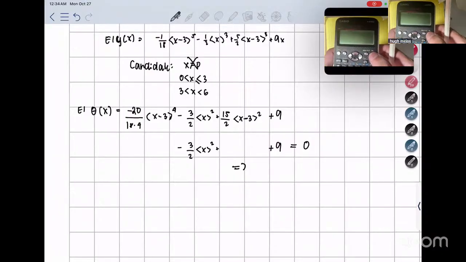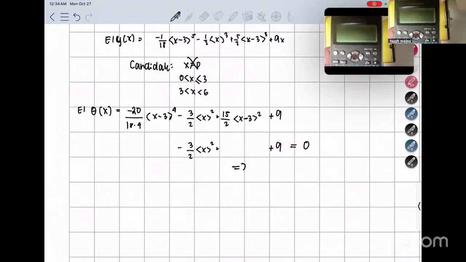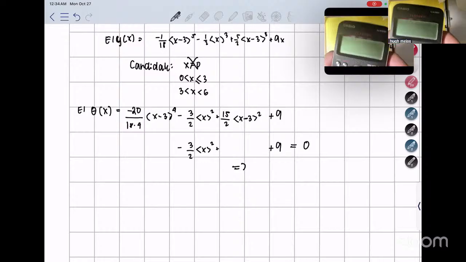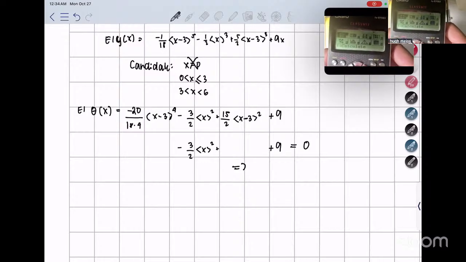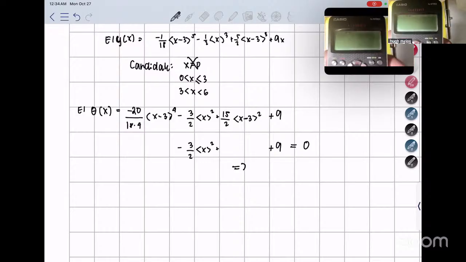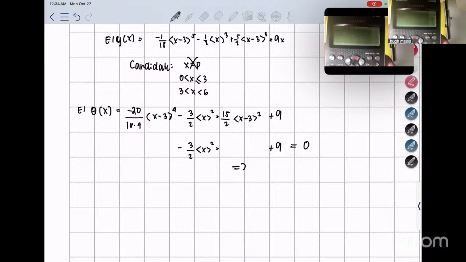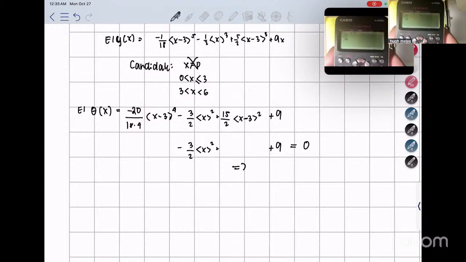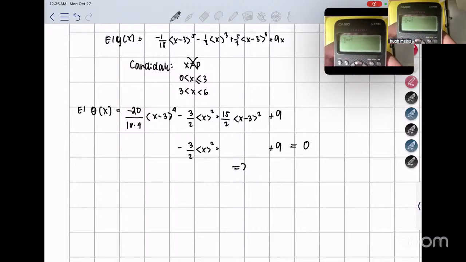Kasi there's a problem where the way the calculator looks for a solution is it basically brute forces everything. Pero malaking influence saan ka nagsa-start.